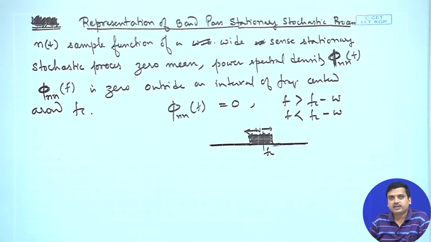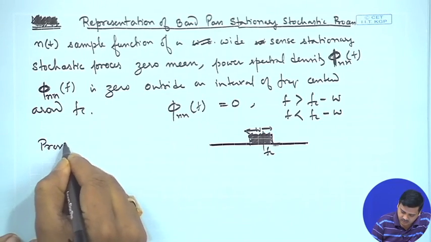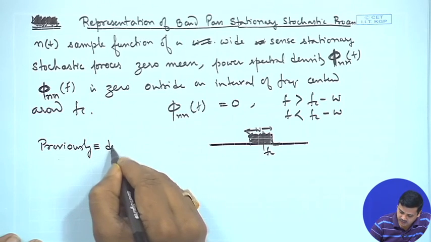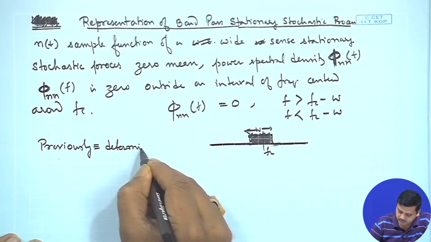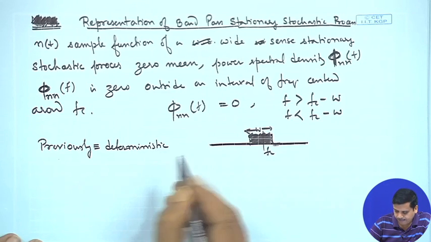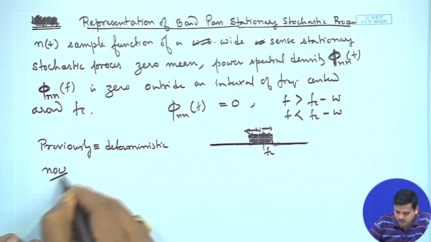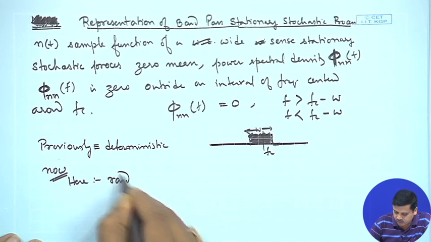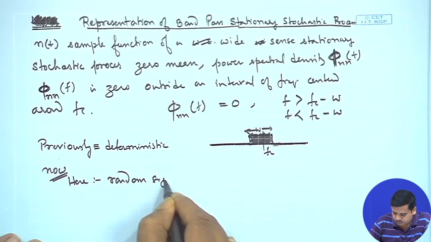So, we see that there is a lot of similarity with what we have done already before, except what we need to state is that previously we did deterministic signals, and now that we are handling here, we are talking about random signals.